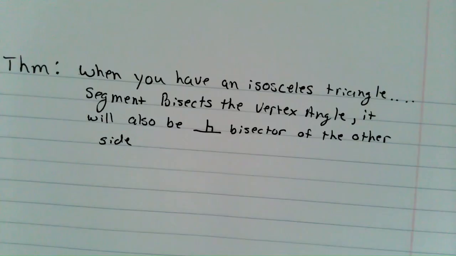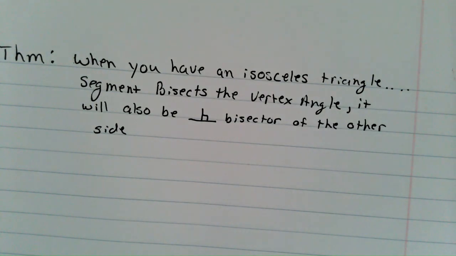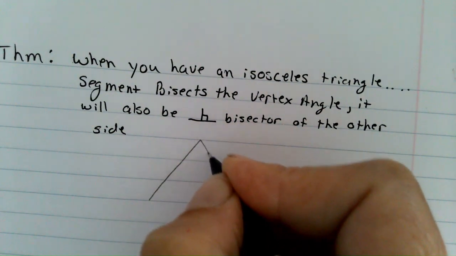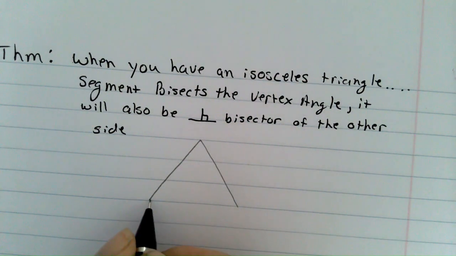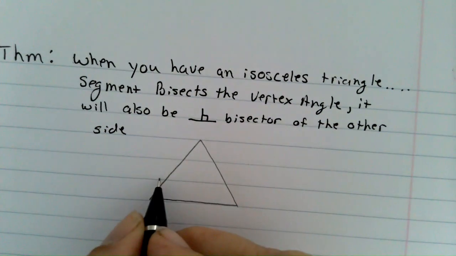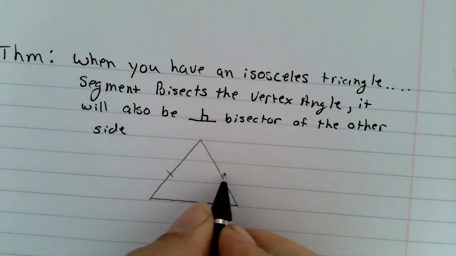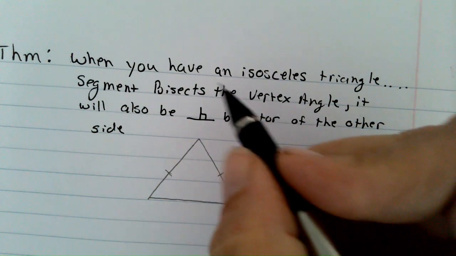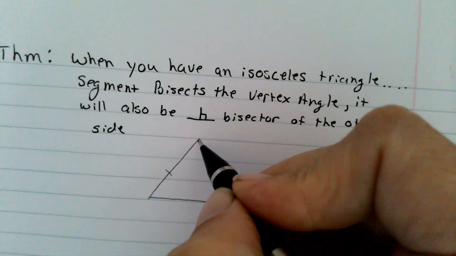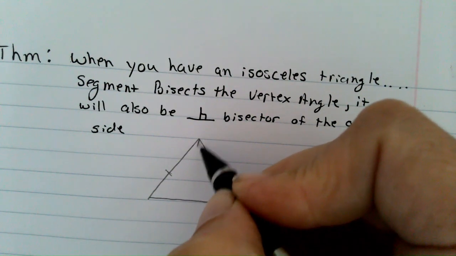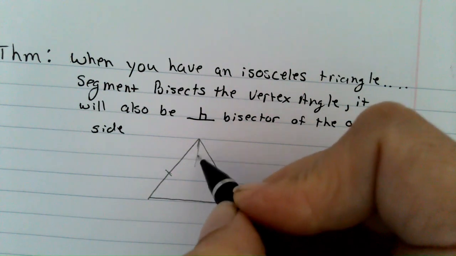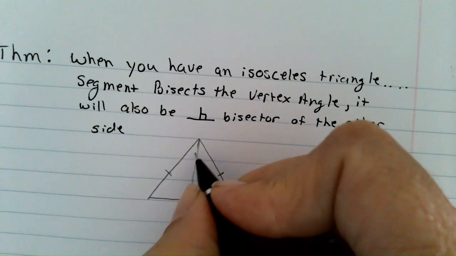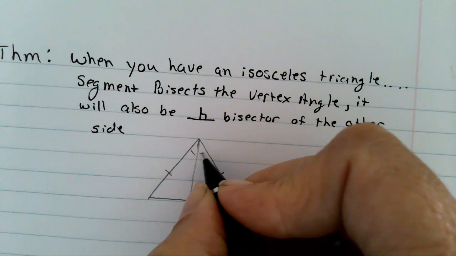And I like drawing my isosceles triangles vertical, so let me just show you what I mean. So here I have an isosceles triangle. Okay, these sides are going to match. So if I have a segment that's going to bisect the vertex angle, which means it's cutting this angle in two equal parts, it's going to wind up also making a perpendicular bisector here because these angles are the same.